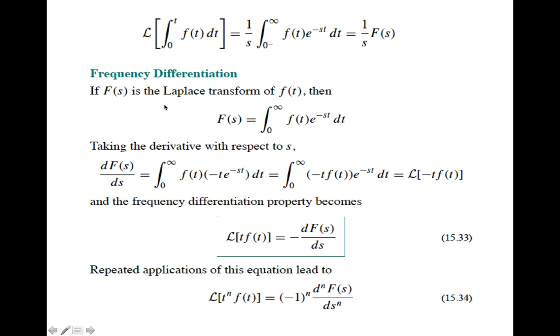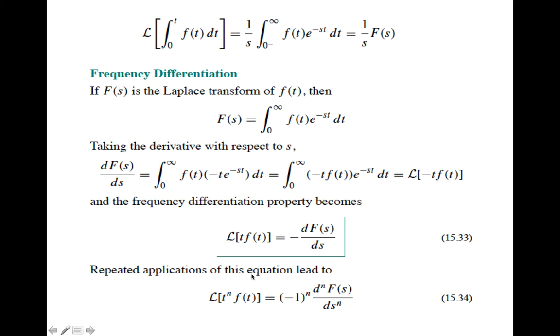Frequency differentiation. So if F of s is the Laplace transform of f of t, then if we take the derivative, we find out that we generate this t. So we can basically invert that statement and give the frequency differentiation property, saying that if we have some function f of t and it's multiplied by t, the Laplace transform of that is the first derivative of F of s with respect to s times a negative sign.